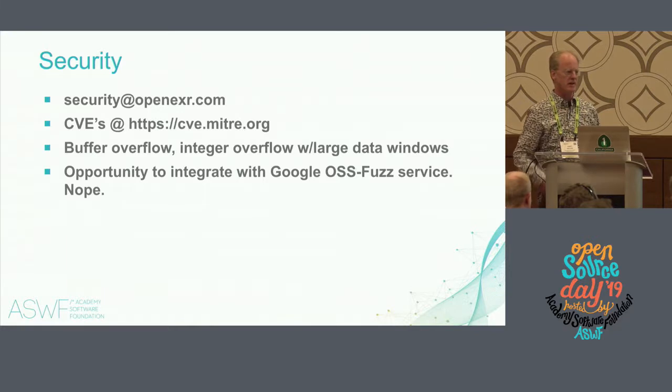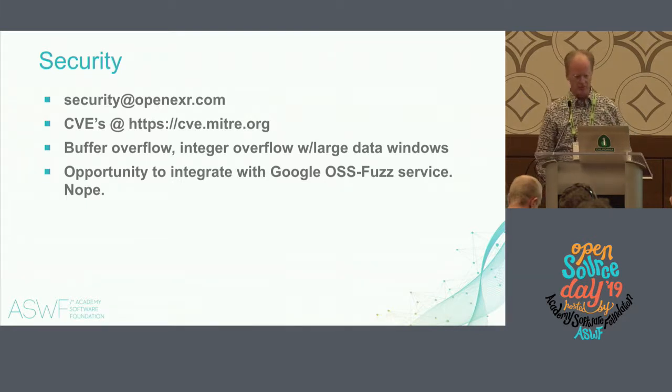Security is one of the things that we've had to address. OpenEXR has the ignoble distinction of being the one Software Foundation project to have public security vulnerabilities filed against it. They've all been addressed. There are a couple that are waiting in the wings for the next release, but just feeling our way through the proper process of dealing with reporting of security issues is something that the foundation has been very helpful with.